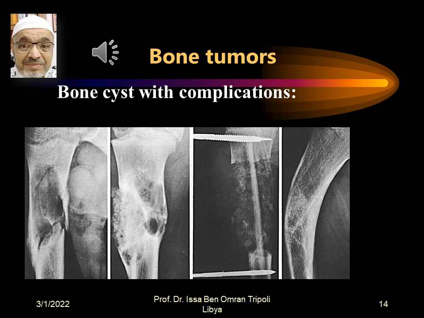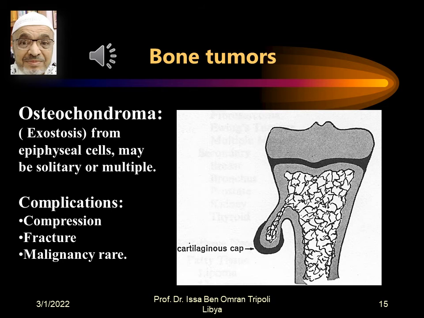So here we find another type of benign bone tumor, which is the osteochondroma, or we can call the exostosis. The exostosis is arising from the epiphyseal cells, from the epiphyseal region, which is the black line near the end of the bone, near the joint.